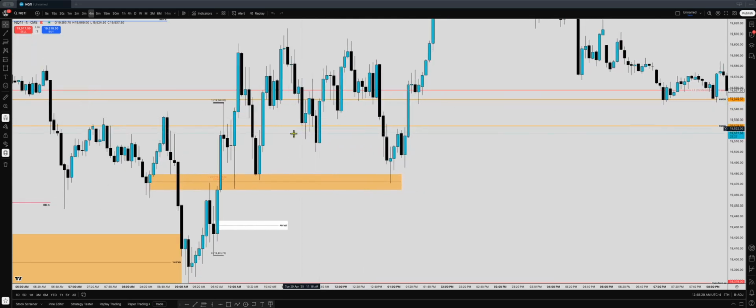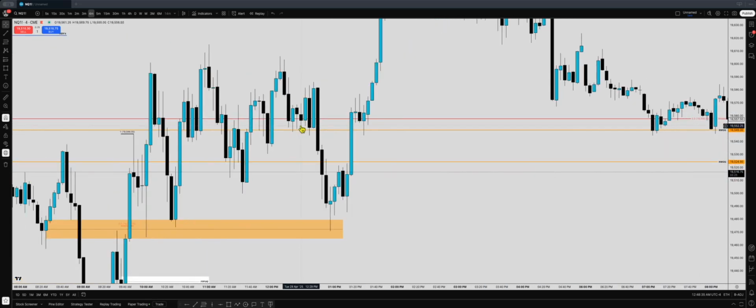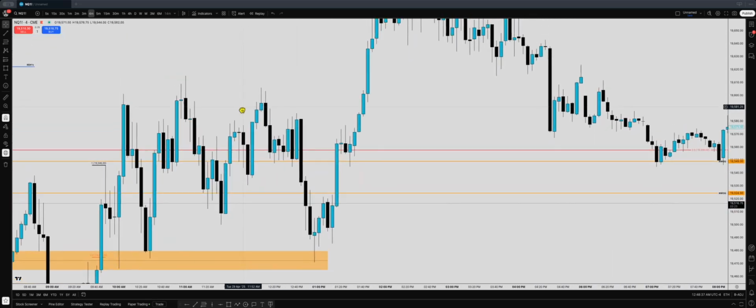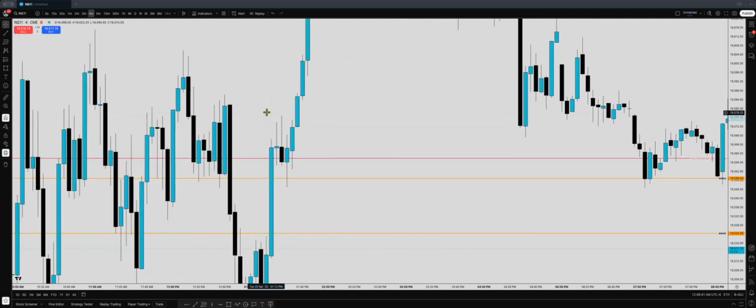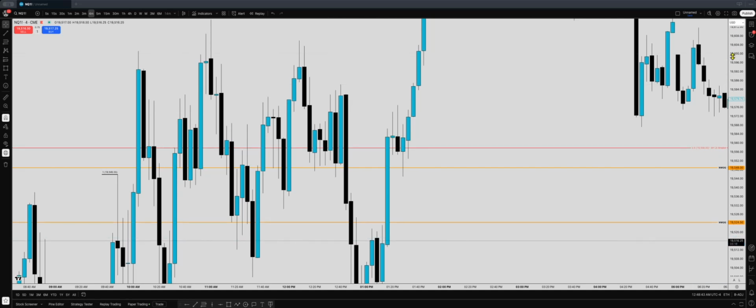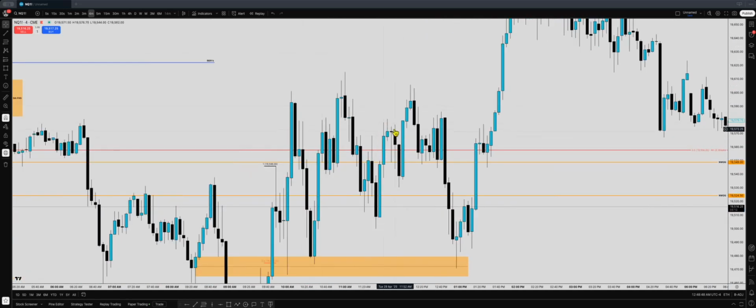So here we do see a bullish 4-minute entry. However, again, I wouldn't want to go long from up here. So it occurred here, 1, 2, 3.